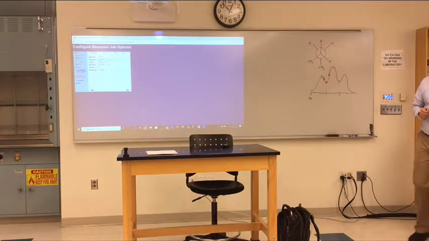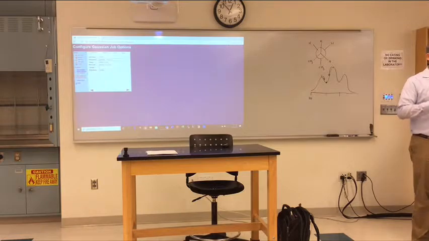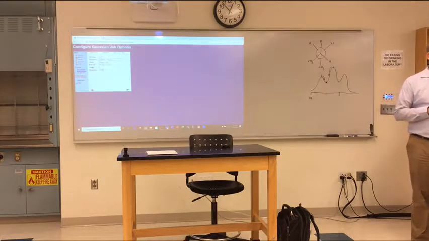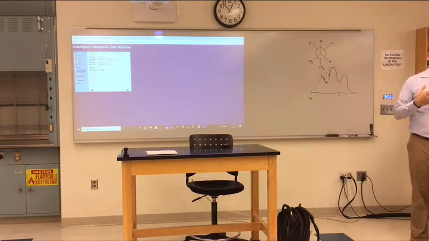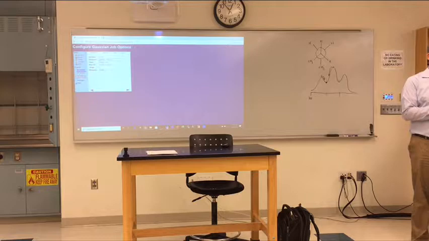Now, there are different theories and basis sets. When we start talking about Schrodinger's equation, we're going to talk about what it means by basis set. For now, it's just how many functions you are giving it. The calculations are approximating equations for the interactions between the electrons and the nuclei. And the more functions that we give it to account for those interactions, whether the charge distribution or the ability of the orbitals to bend and stretch, the better.